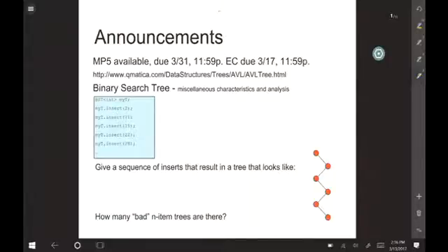So what I want you to do very quickly is go ahead and do these insertions in sequence. I need a volunteer to do it on my tablet. Okay, so build a tree out of these.